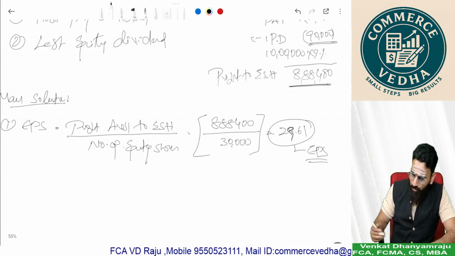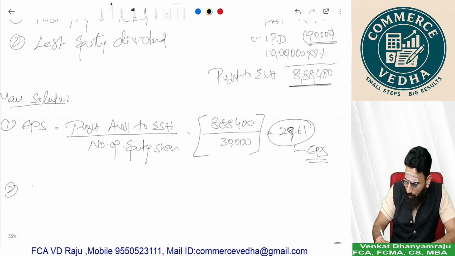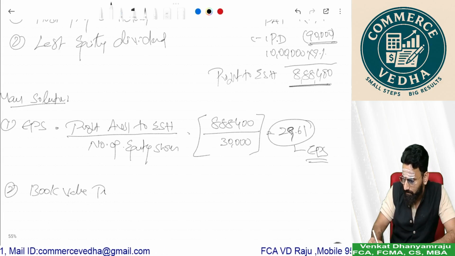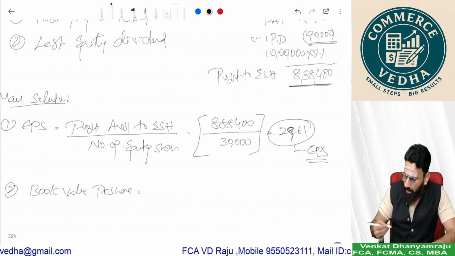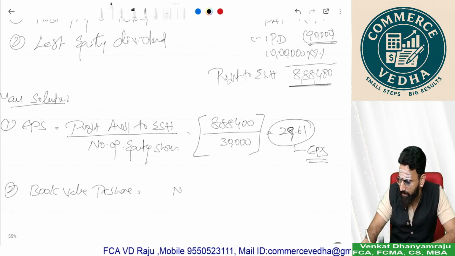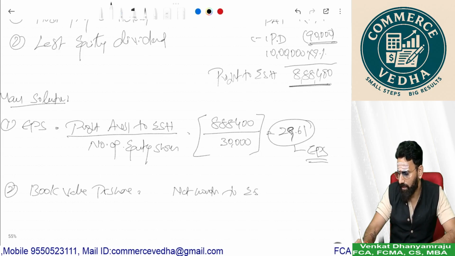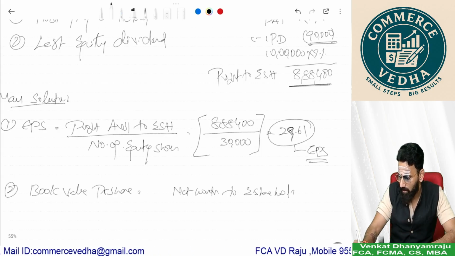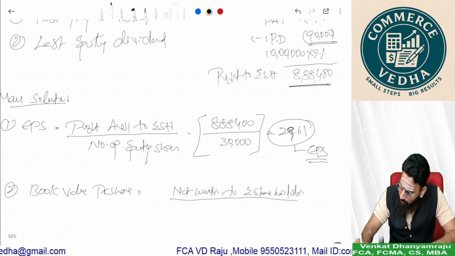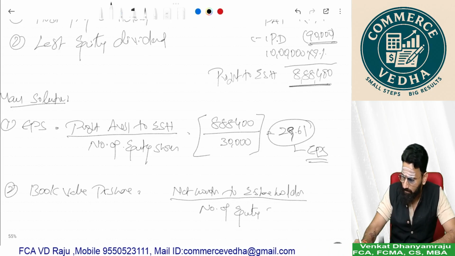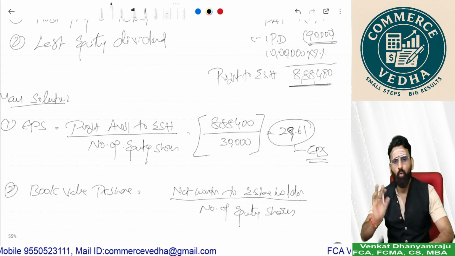The second point they asked is book value per share. The solution here is net worth to equity shareholders divided by number of equity shares. Now what is net worth?